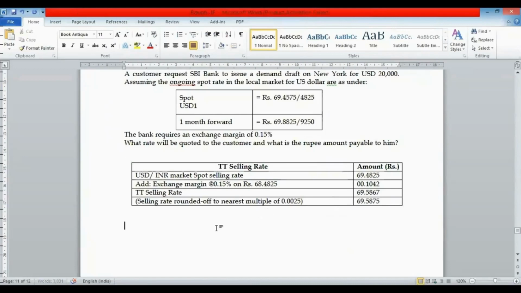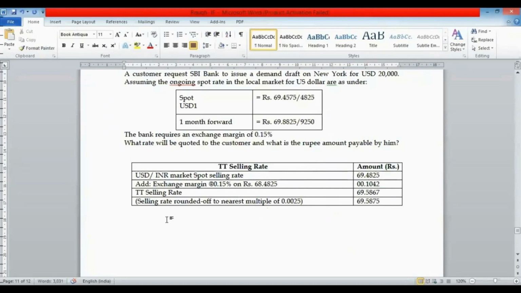And now, what is the rupee amount? Rupee amount payable by him. That is, what is the rupee amount that will be paid by the customer, because the bank is selling the USD. So the customer is purchasing the USD, which means the customer will make the payment in terms of rupees.